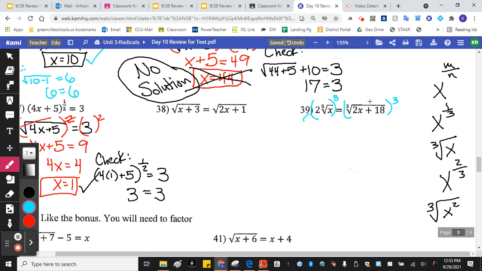Because the cube root and the cube cancel. Anything in the cube root comes out. But on the left, the 2 isn't in the cube root. So the 2 still has to be cubed. So it's 8x.